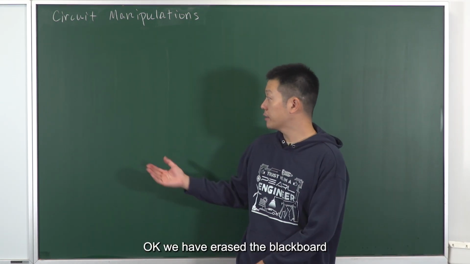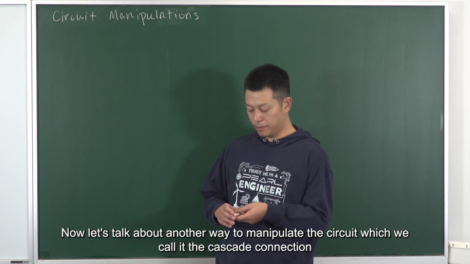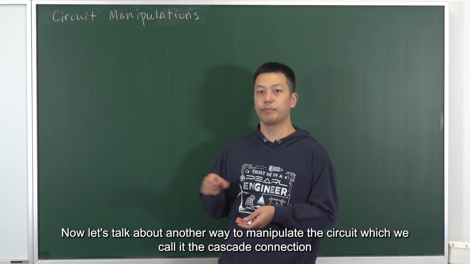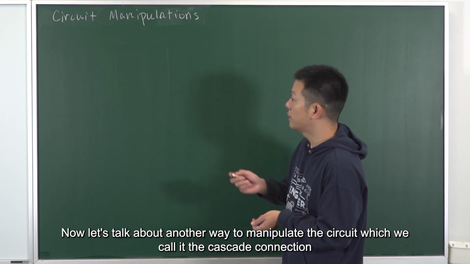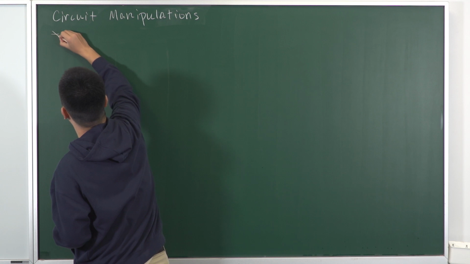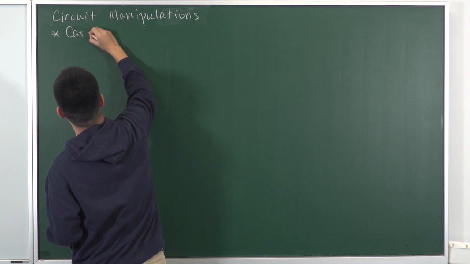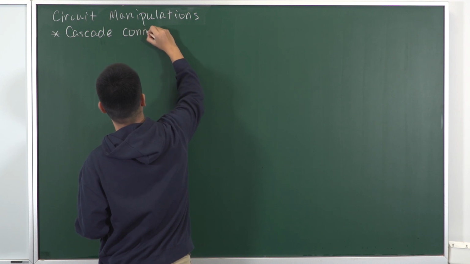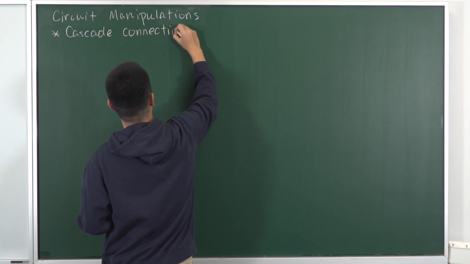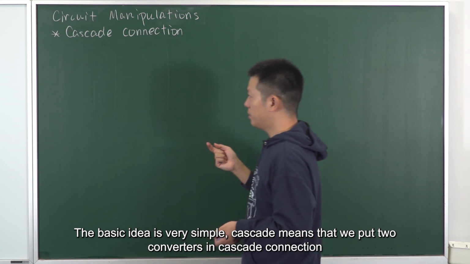Okay, we have erased the blackboard. Now let's talk about another way to manipulate the circuit, which we call the cascade connection. The basic idea is very simple.